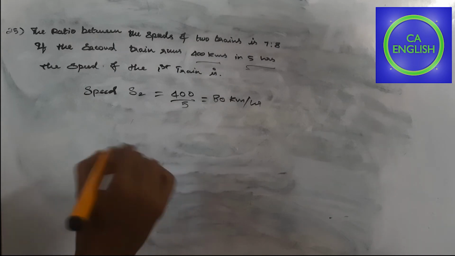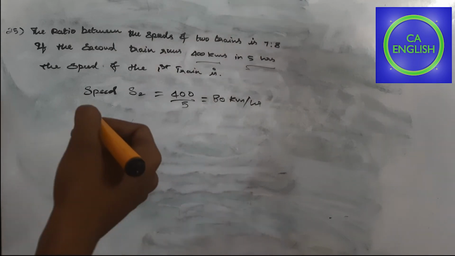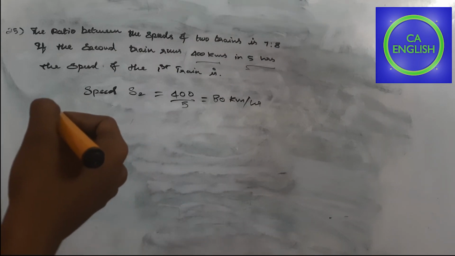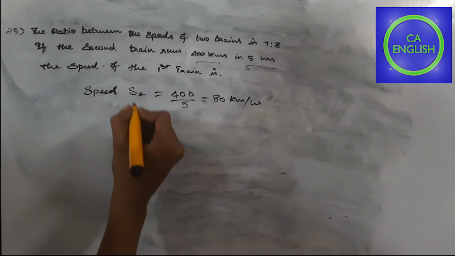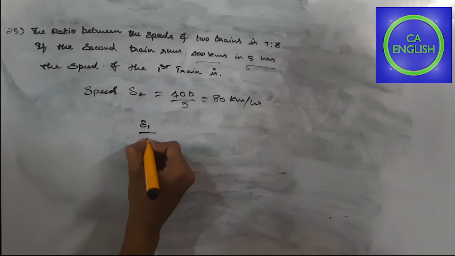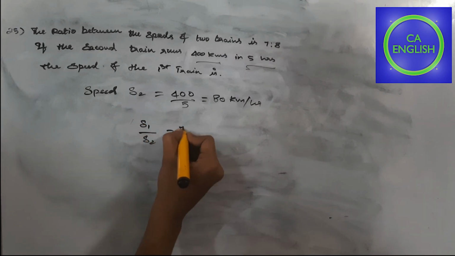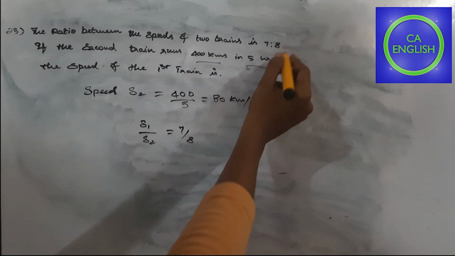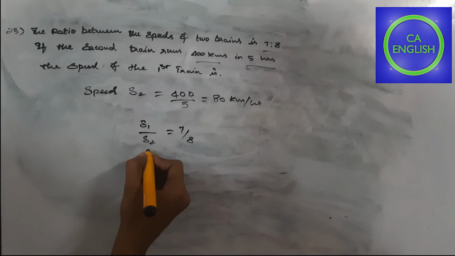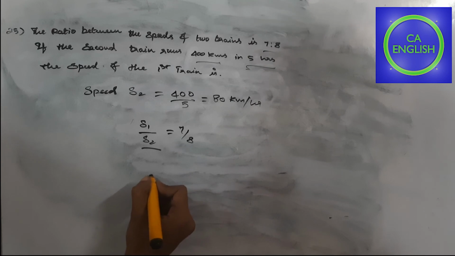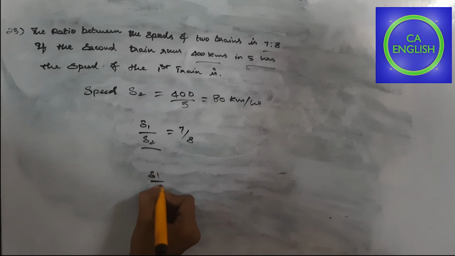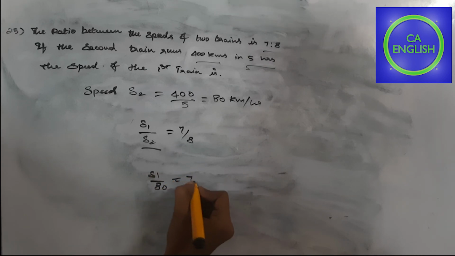Now we want to find the speed of the first train. That means S1 divided by S2 is equal to 7 by 8. 7 by 8 is given in the question. We know what is S2, so S1 is 80 into 7 divided by 8.